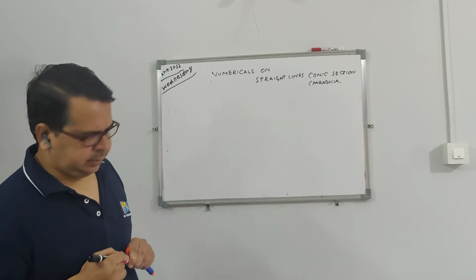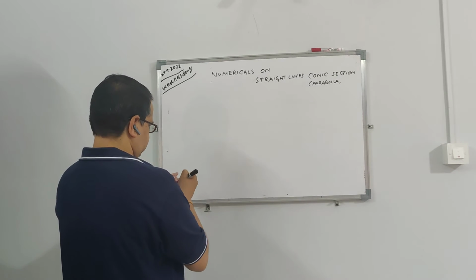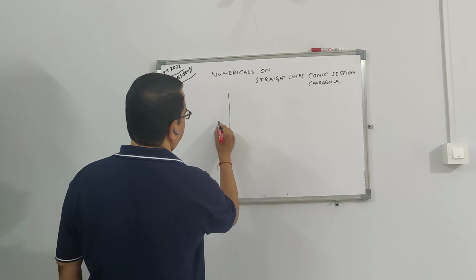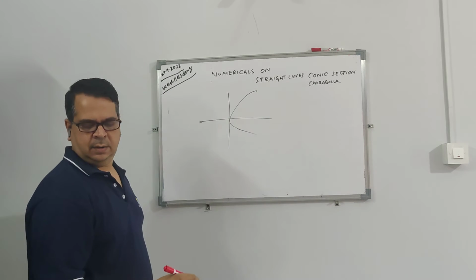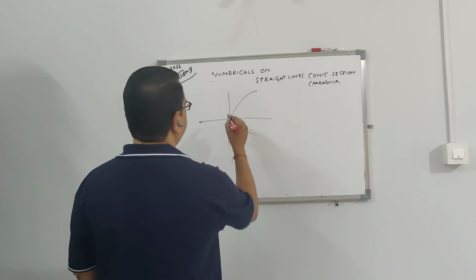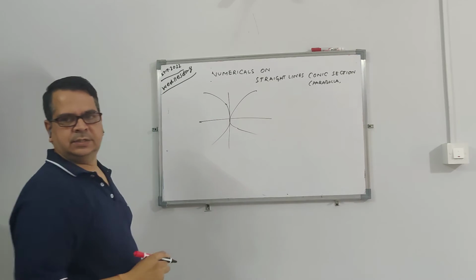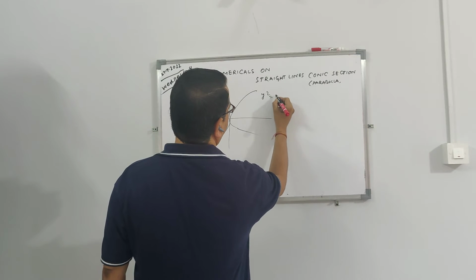So you have parabolas. You can have parabolas like this. Okay, this is one. Okay, then you can have something like this also. Okay, so this equation is y square is equal to 4ax.